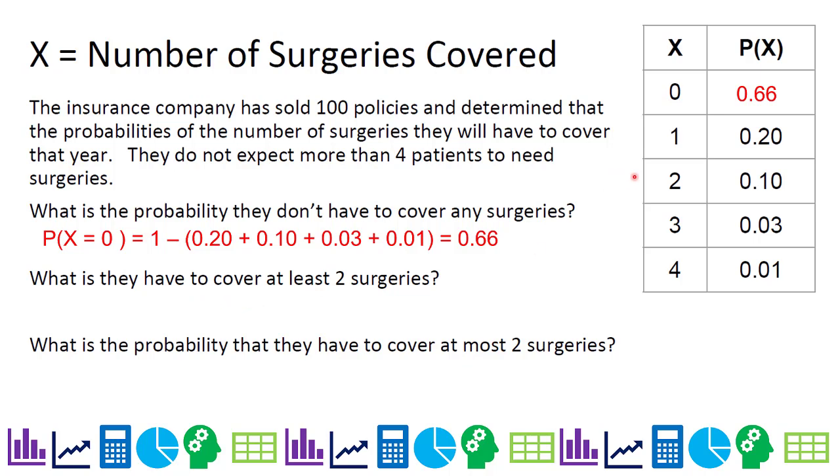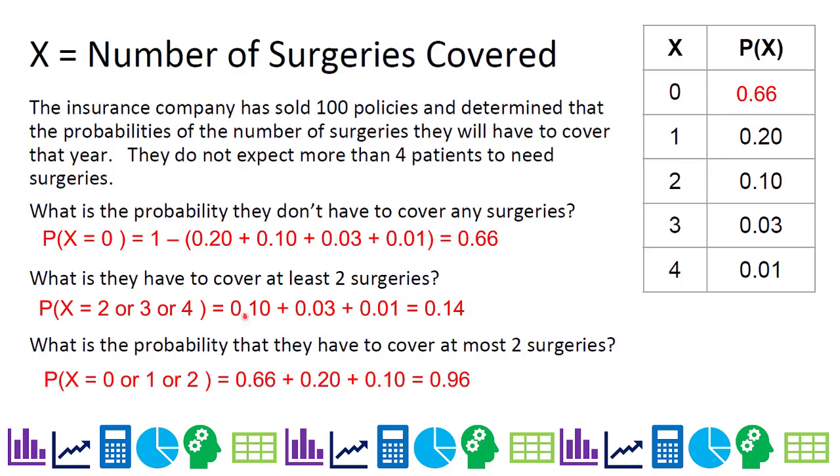So at least 2 means 2, 3, or 4. X is 2 or 3 or 4. And we add up those probabilities and we get 0.14. What's the probability they have to cover at most 2 surgeries? Well, that would be 0, 1, and 2. And we add up the associated probabilities, 0.66, 0.20, 0.10, and 0.96.